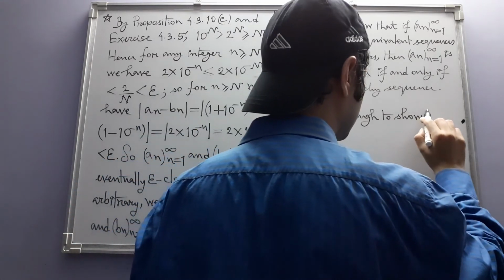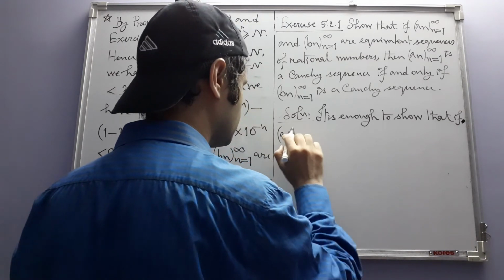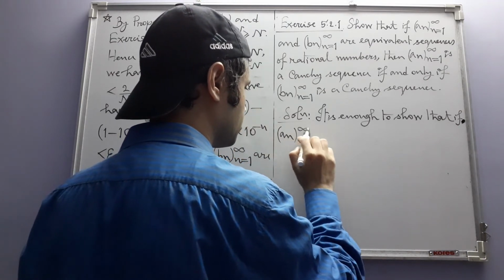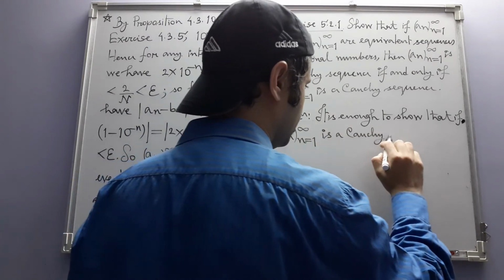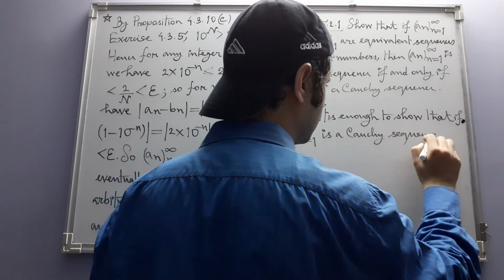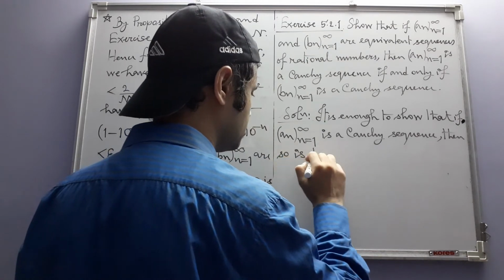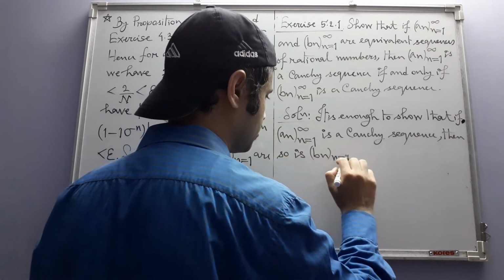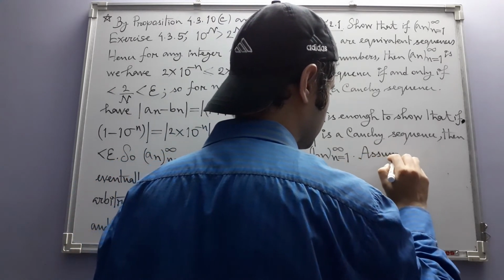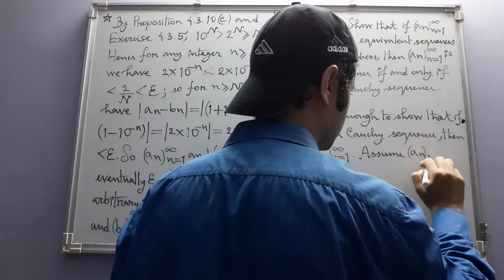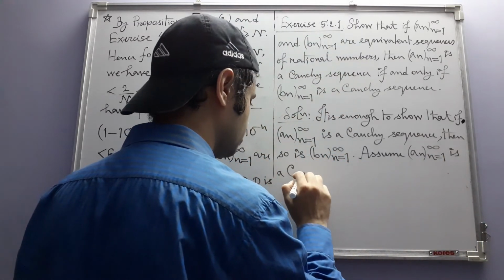It's enough to show that if an is a Cauchy sequence, then so is bn. Okay, so assume this is a Cauchy sequence.